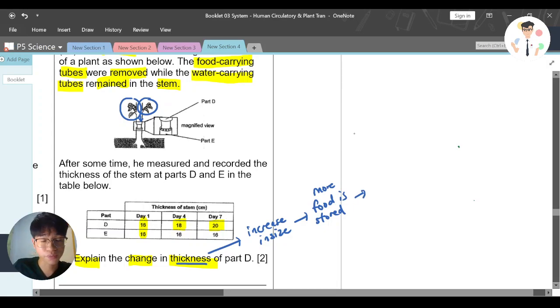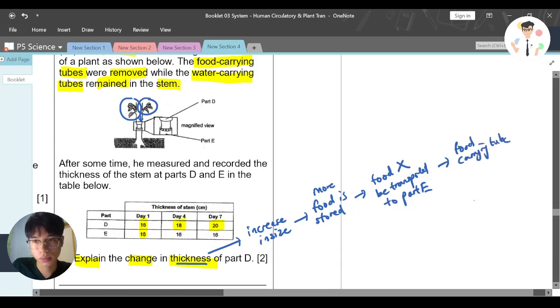It's because the food cannot be transported to part E. Why can't it be transported? Because the food carrying tube is removed. Now we trace back from this result to what is happening here, and we use that to explain.